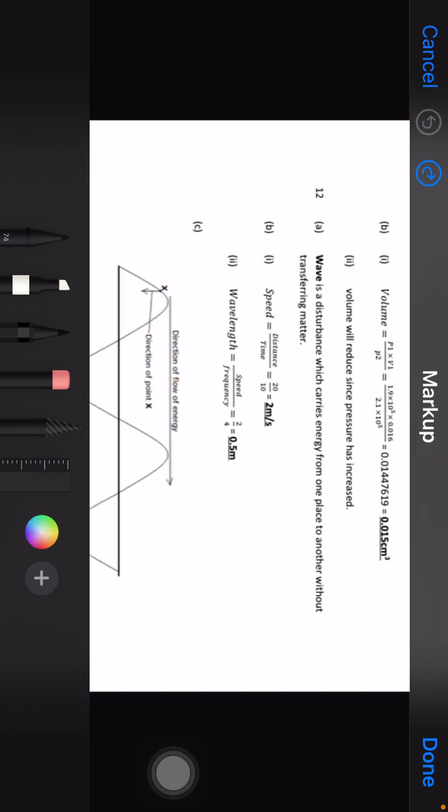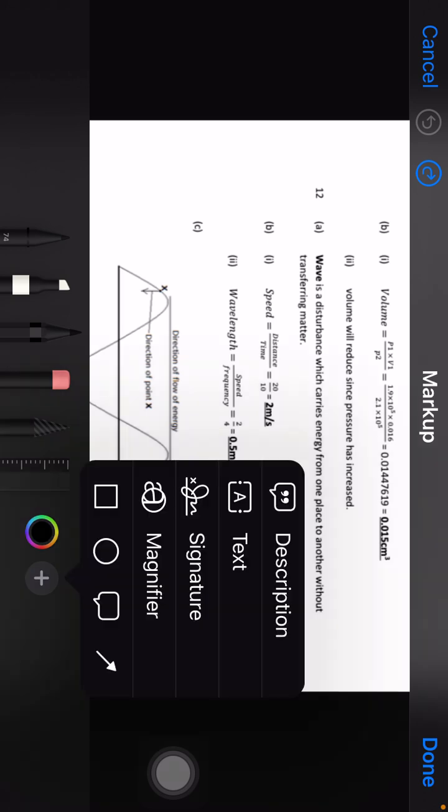Let's try this one. It doesn't work as well. Let's try this one. It's a pencil, it doesn't work. Okay, I'll just explain it to you with my pointer.